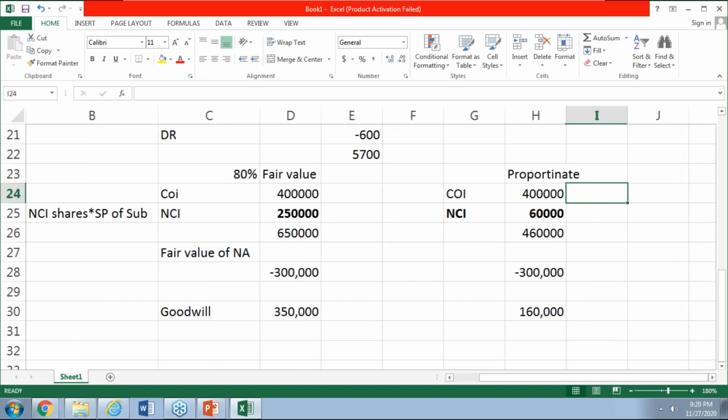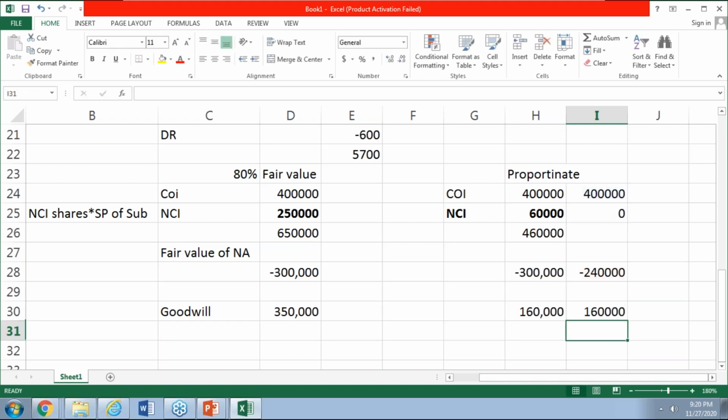Now there is another way to solve this question. No need to take NCI here, and take 80% of the net assets. This is also called proportionate share calculation. In both situations you will get the same answer.